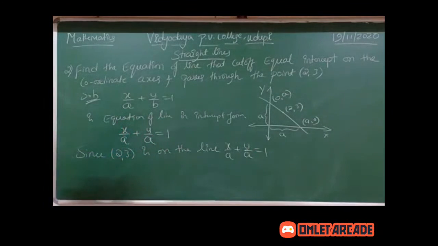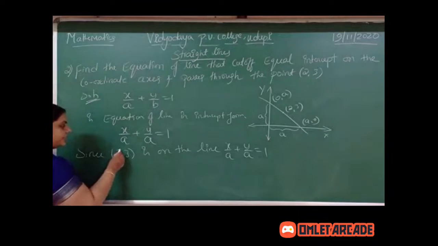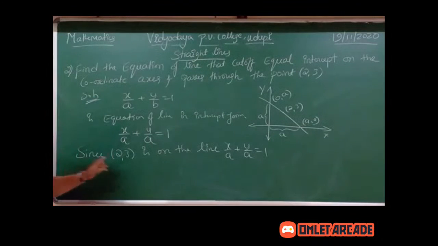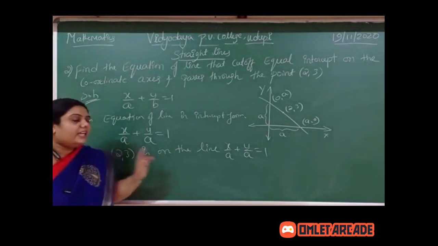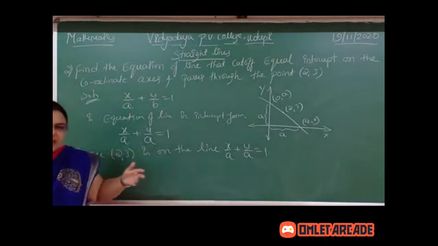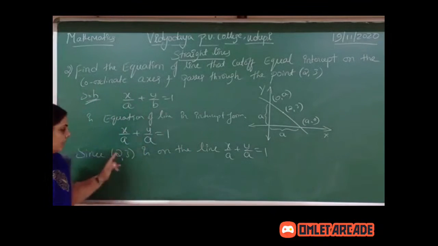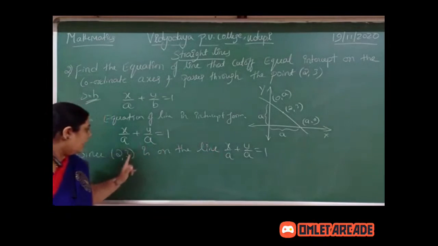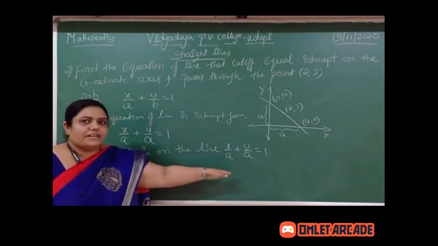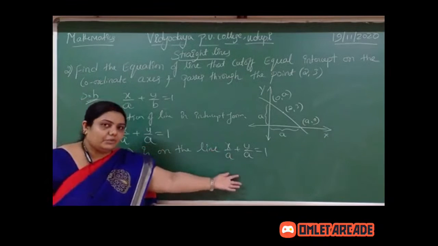Since (2, 3) is on the line, let me substitute x is equal to 2 and y is equal to 3 and solve for a. Because it is on the line, this should satisfy the equation of the line, isn't it? Satisfy means mathematically you are substituting x is equal to 2 and y is equal to 3 and verifying it. Here I am not verifying it, I am trying to find the a value.